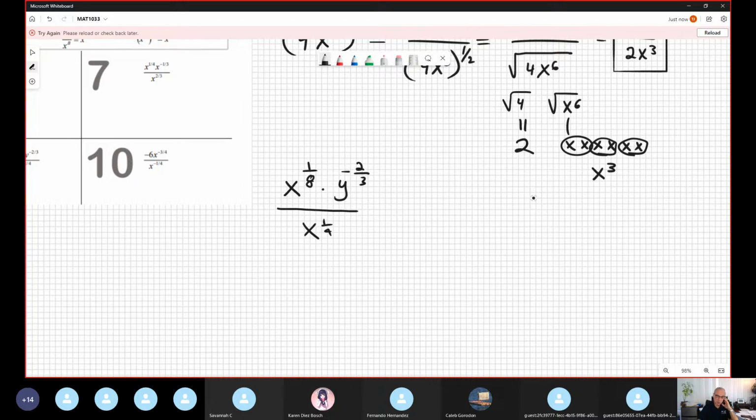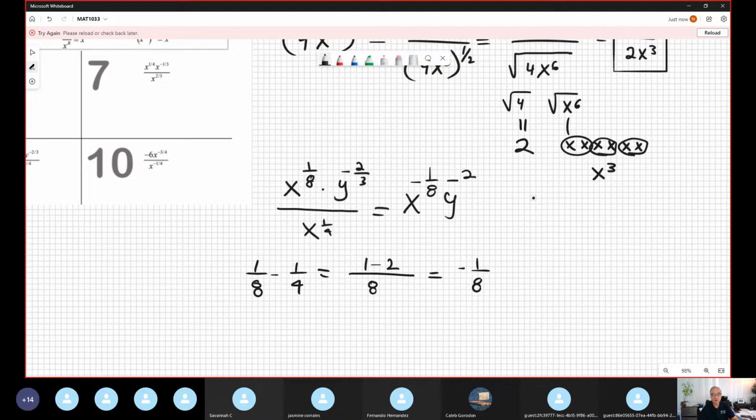The only thing you should do is manipulate the x part: 1 over 8 minus 1 over 4, because of the division, subtraction. The LCD is obviously 8, and minus 2 over 8, so it's negative 1 over 8. And so far, the answer is x to the negative 1 over 8 and y to the negative 2 thirds.